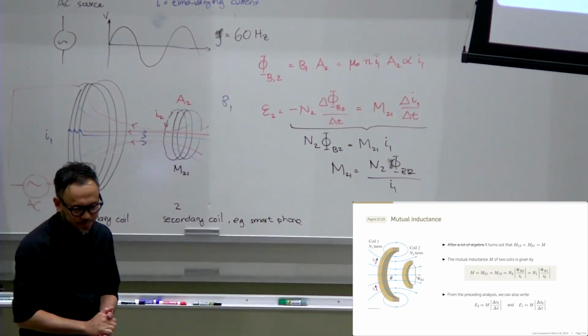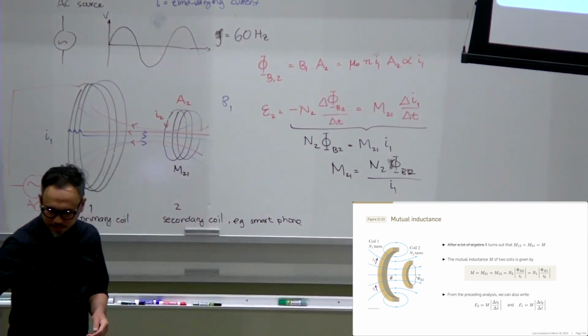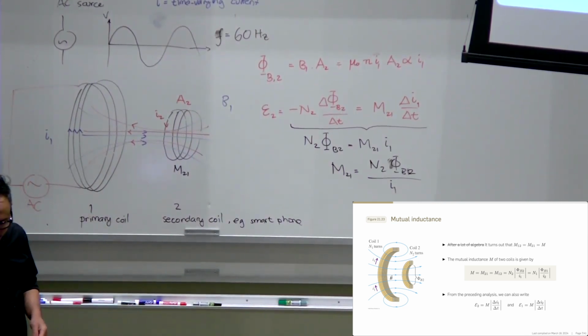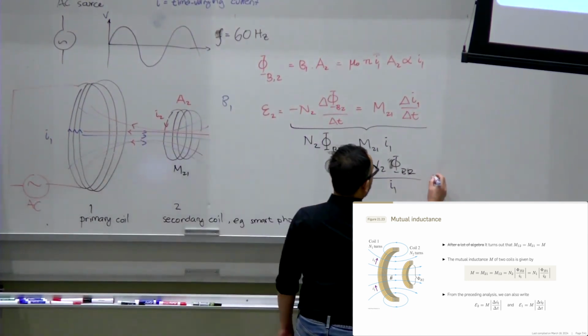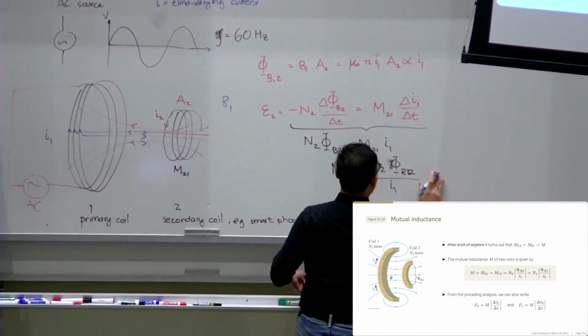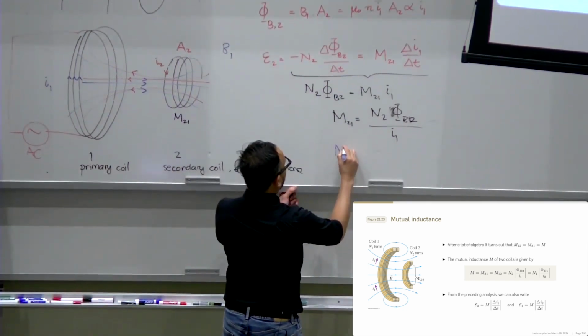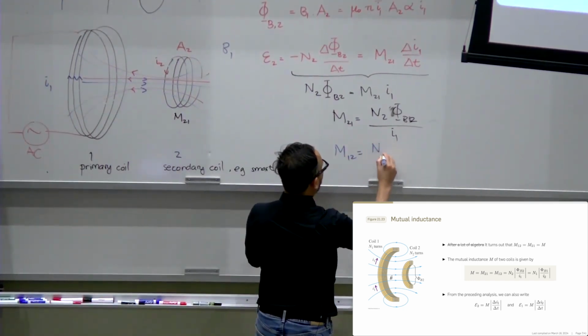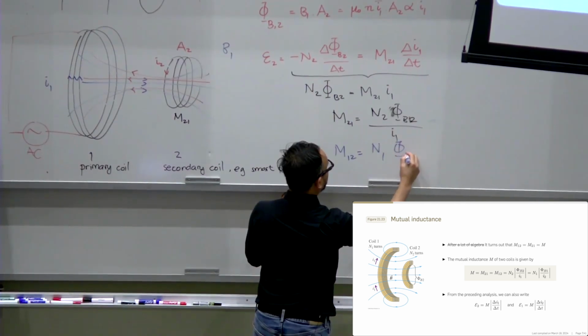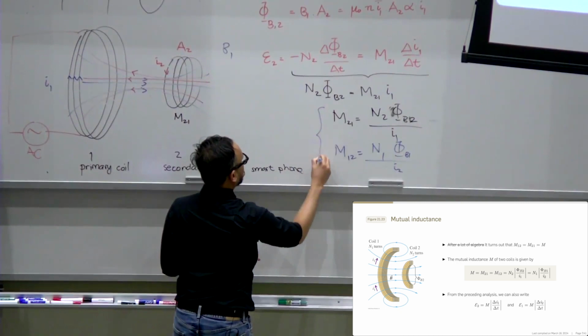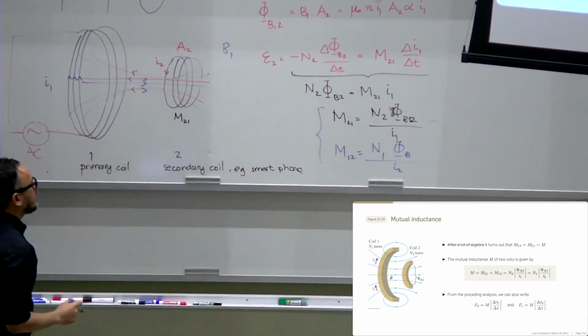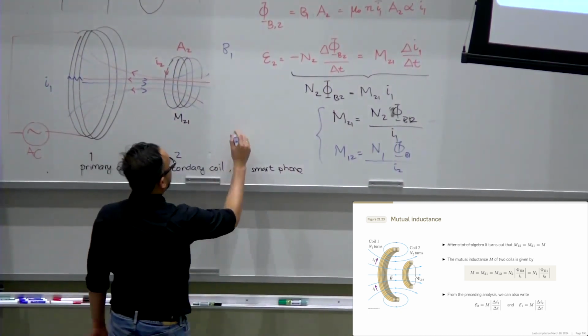All right. So effectively what we did is M21. M12 is N1, and you can do this yourself. I'm not going to do it in class today.